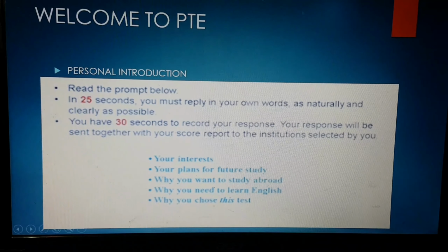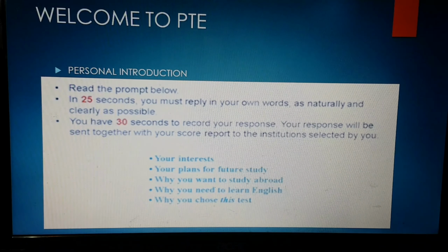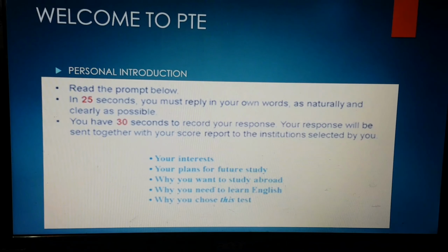I'm not going to put too much stress on this, but all I'm going to say about this is that they would either send this to the school that you're applying to, or if you're using it for immigration purposes, they will send it to the immigration officers that are responsible for your case. So it will be good for you to give a good presentation of yourself, because when the schools or immigration receive this, they're only going to receive this and your result.